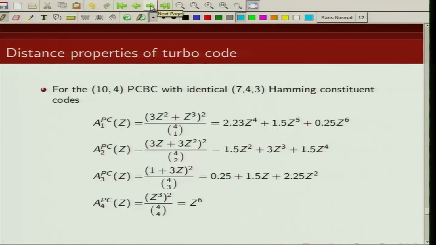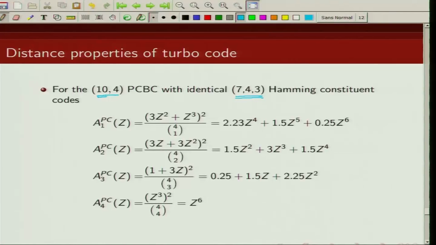Now let us take an example to illustrate this. We had this parallel concatenated code using the 7-4 Hamming code. The input is of length 4, and we get 3 parity bits from the first encoder and 3 parity bits from the second encoder, and of course there are 4 systematic bits, so the overall code word length is 10.